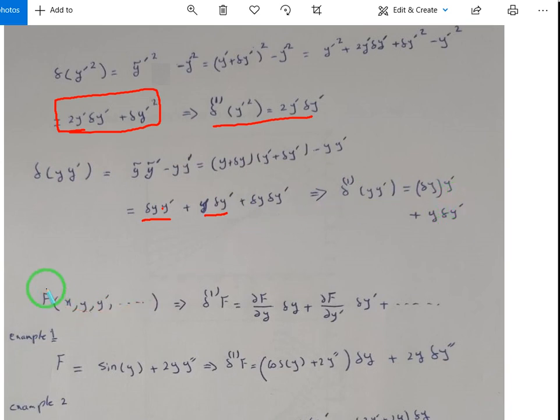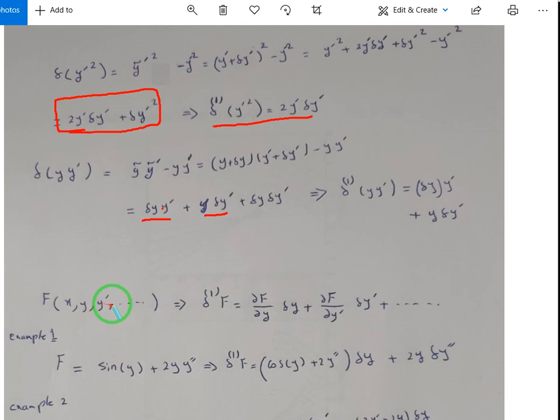In the general formula, we can say that if a general function f is a function of x, our independent variable, y, where y is a function of x, and y dash, and so on, we can say that the first variation of f is equals to partial derivative of f with respect to y multiplied by delta y plus partial derivative of f with respect to y dash multiplied by delta y dash, and so on.